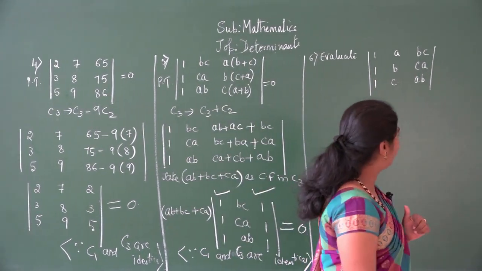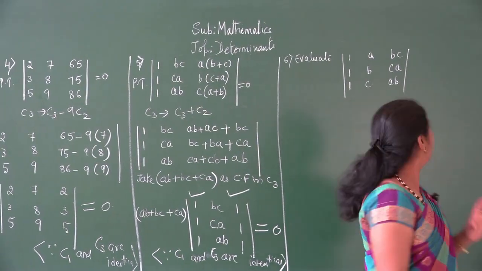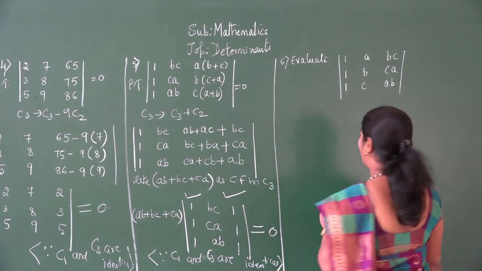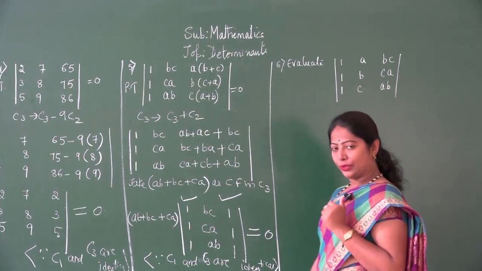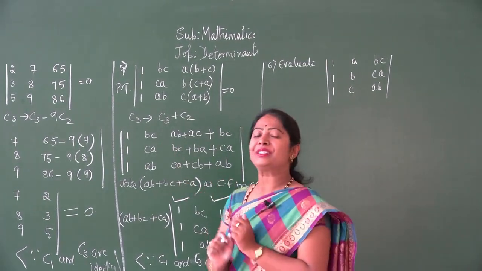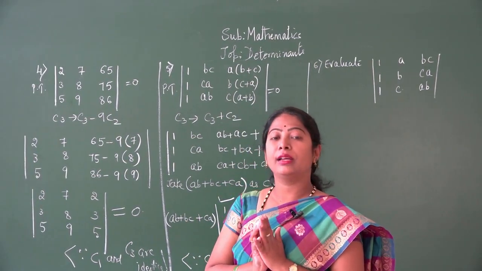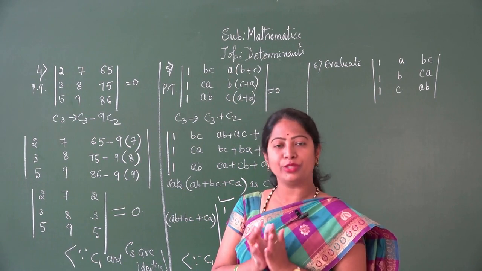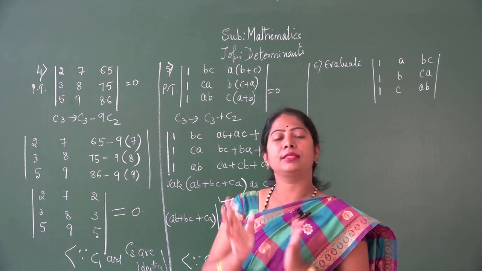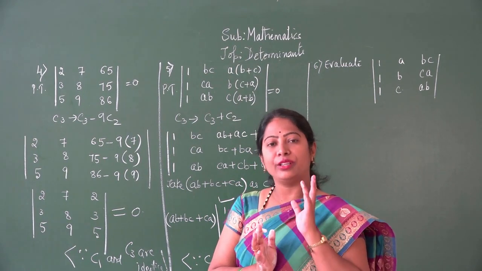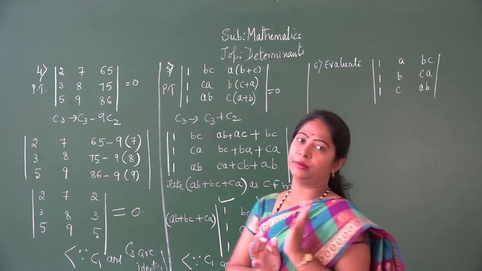Evaluate the determinant of 1, A, BC; 1, B, CA; 1, C, AB. When you observe the first 5 problems, the RHS was equal to 0. In the 6th problem, we don't have RHS equal to 0, which means we are not proving LHS is equal to RHS. We are just evaluating the determinant.